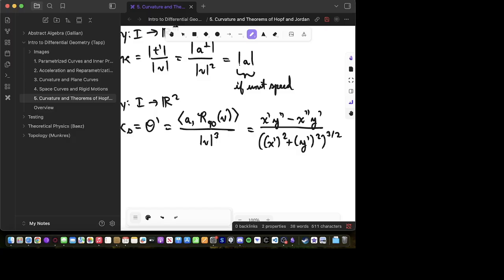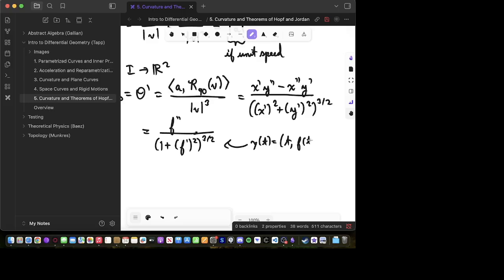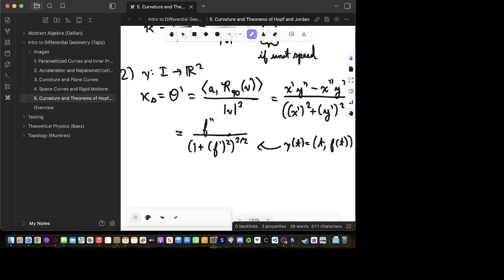If we express a curve in terms of functions x of t and y of t, then we have this formula as well. And this is if gamma of t can be expressed in the form t, f of t. So we have that formula.